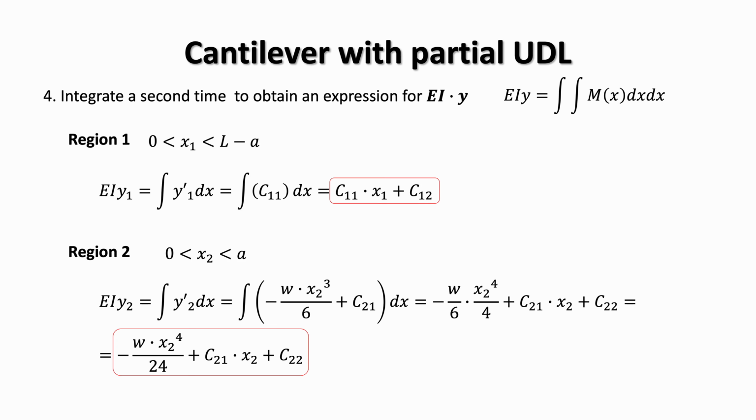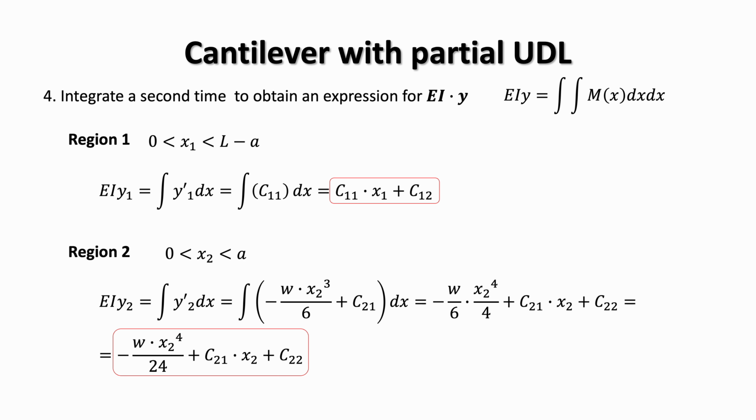Again, we treat each region separately. So for region 1, where the previous integration gave us C11, integrating again gives us C11 times x1 plus C12. So in region 1, the deflection is linear, and that matches the physical idea that segment CB is straight.